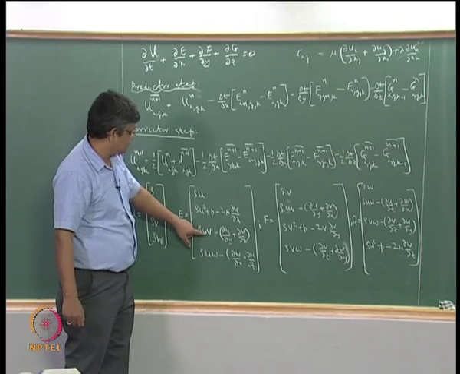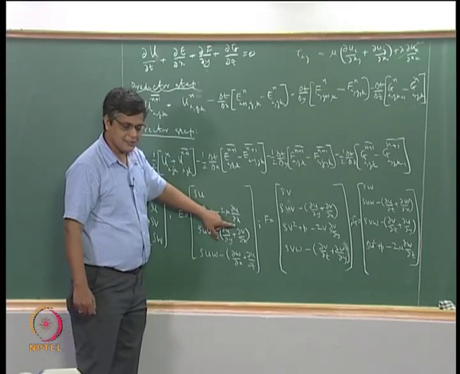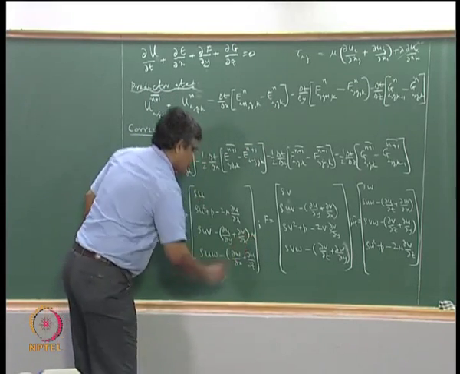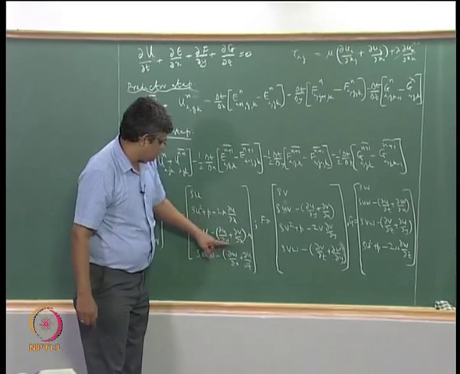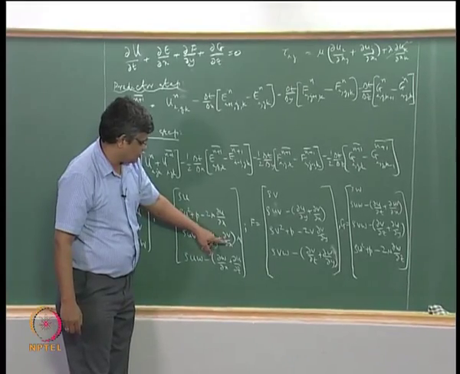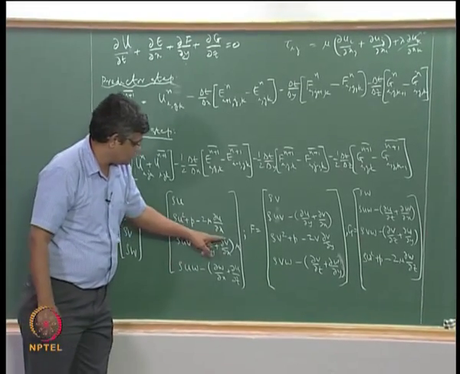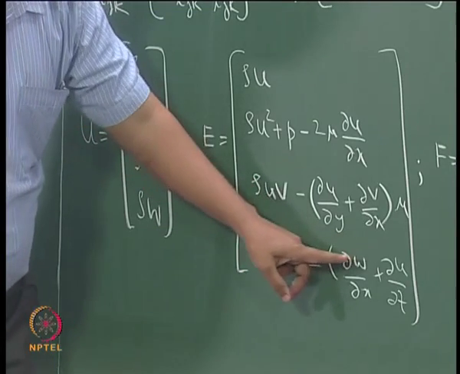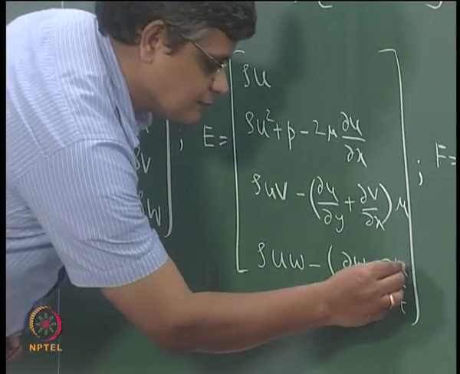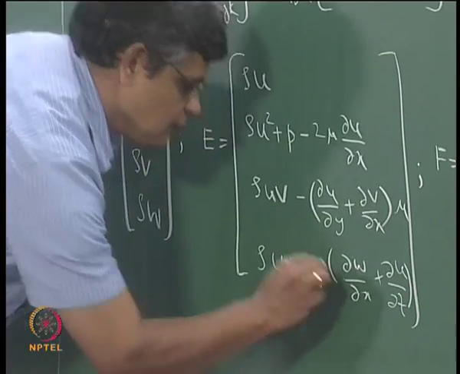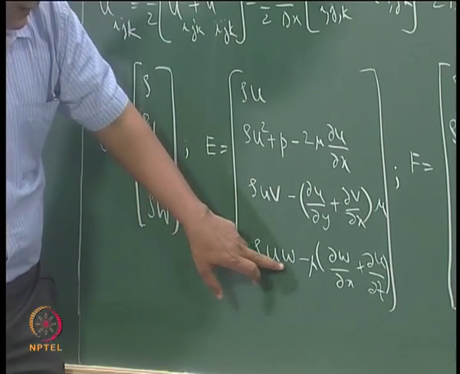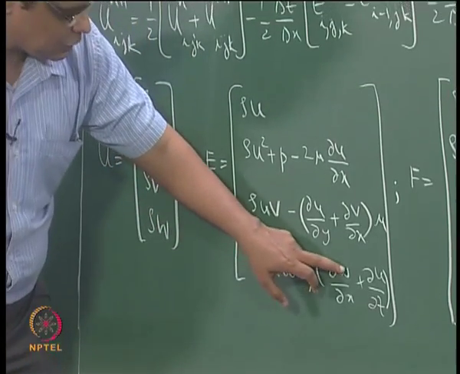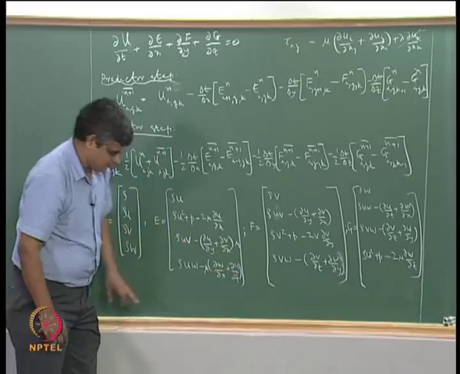and the component arising out of the y faces will have the advective component rho u v, and tau yx, which is the shear stress, which is now given by mu times dou u by dou y plus dou v by dou x with a minus sign. So this whole thing is tau yx, and here we will have tau xz. So we have rho u v minus mu times dou w by dou x plus dou u by dou z.